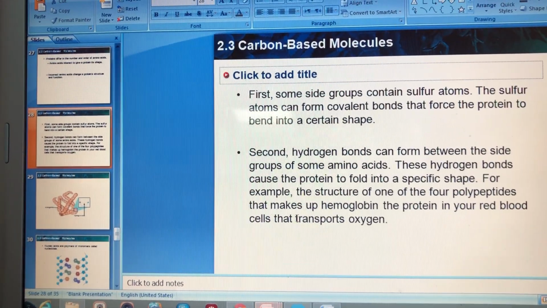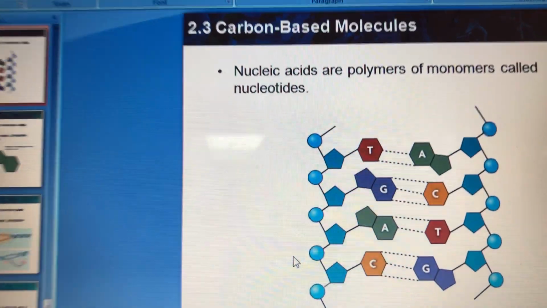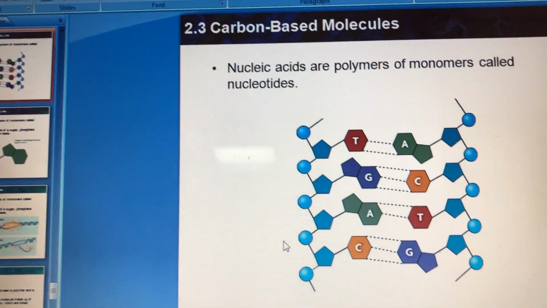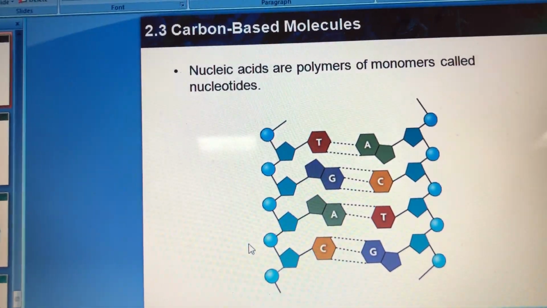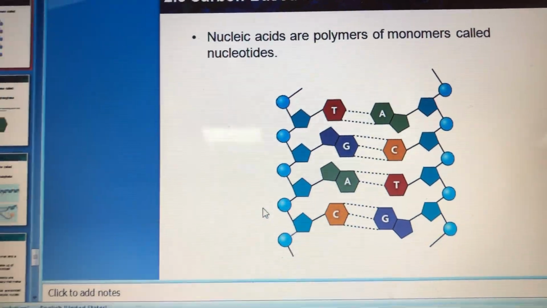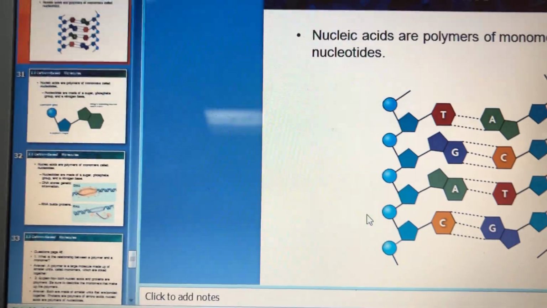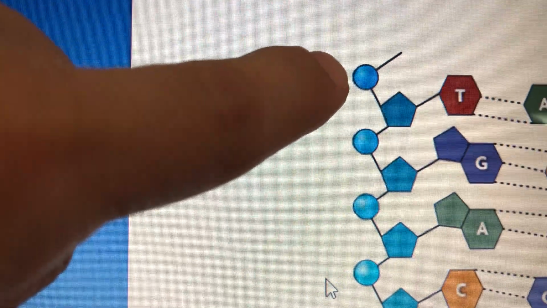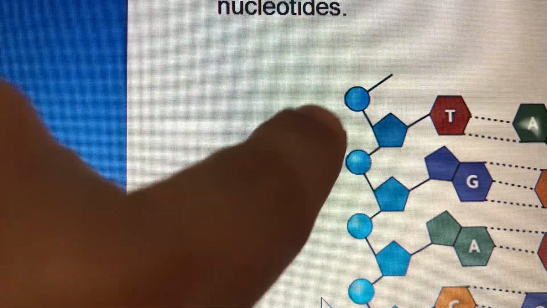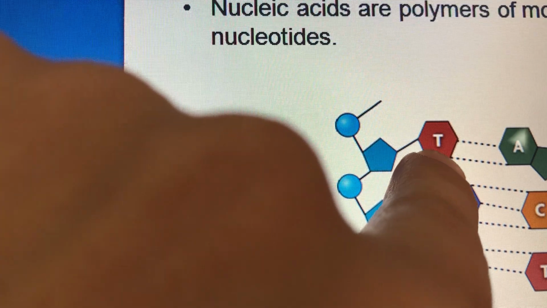Okay? And the last thing we're coming to is the nucleic acids. Nucleic acid is the fourth type of carbon-based molecule, and they are polymers. Monomers are called nucleotides. If you come closer, each nucleotide is composed of a phosphate group, deoxyribose sugar, and a nitrogen-containing base.